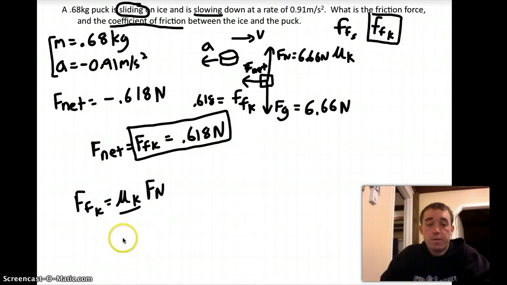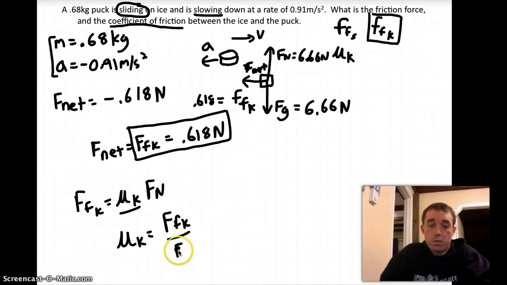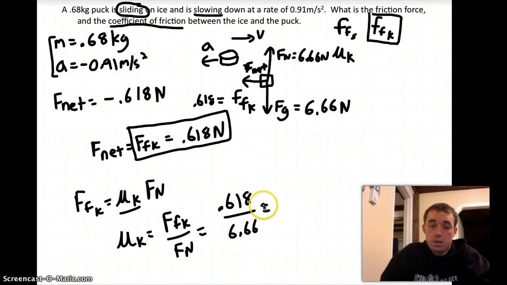So we're trying to find the coefficient. Simple math should show you that mu k is the force of friction over the normal force. Force of friction 0.618, normal force 6.66, which equals 0.0933.